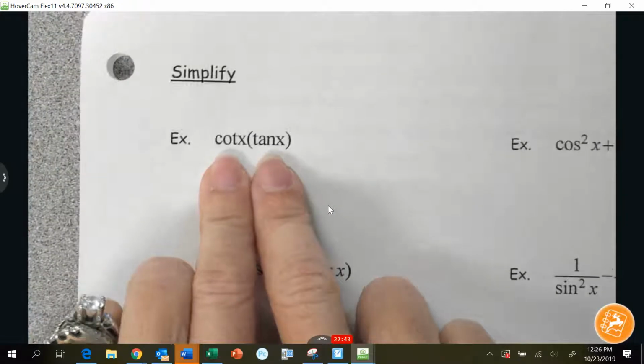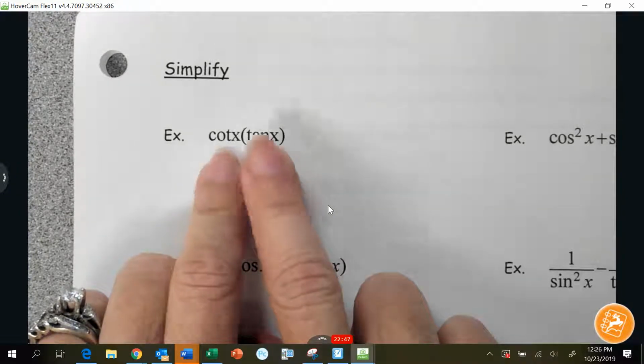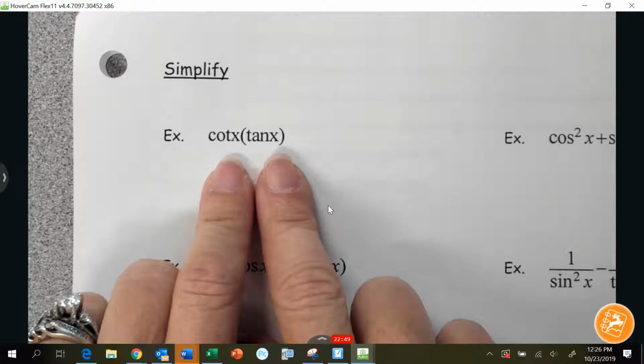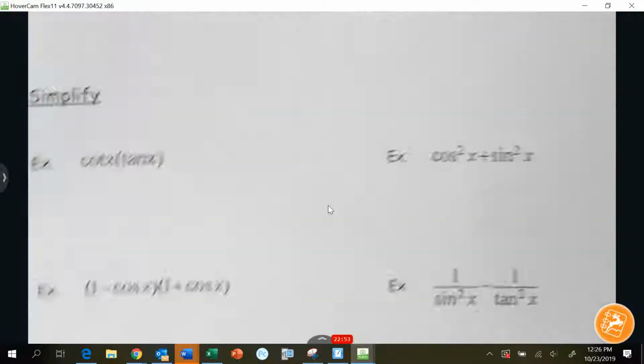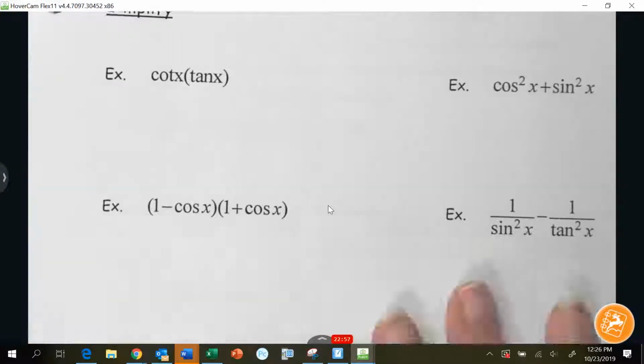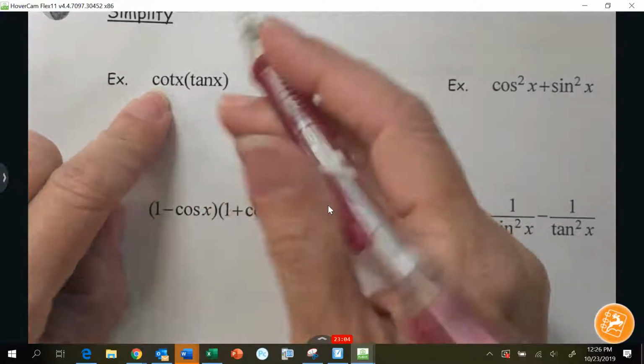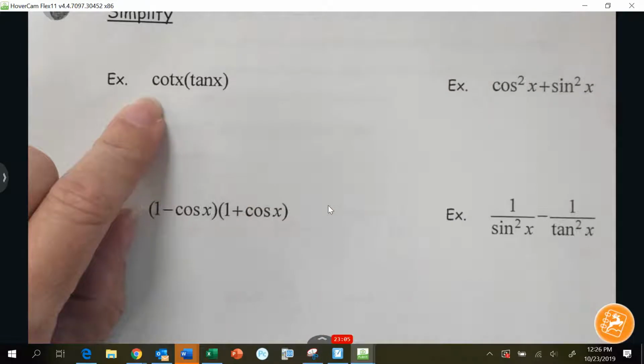So we look at cotangent x times tangent x. What could we possibly switch out so we can simplify? You might need these notes handy if you don't have them memorized yet. What's something that switches with either cotangent or tangent so we could simplify something? Switch cotangent out for 1 over tangent.